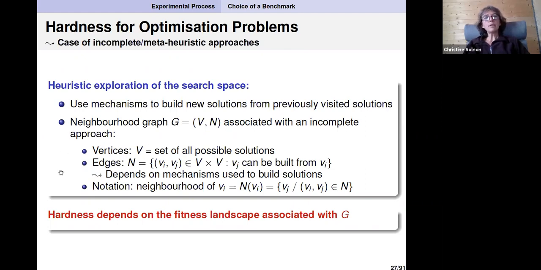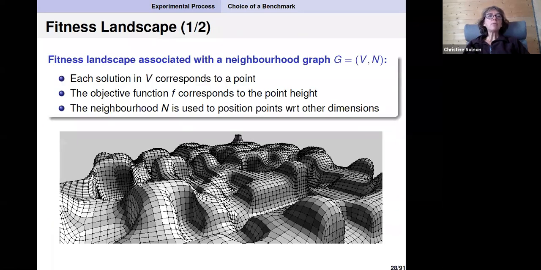And given the neighborhood graph, we can draw what we call the fitness landscape. So in the fitness landscape, we draw a point for each vertex of V, and the height of this point corresponds to the value of the objective function.